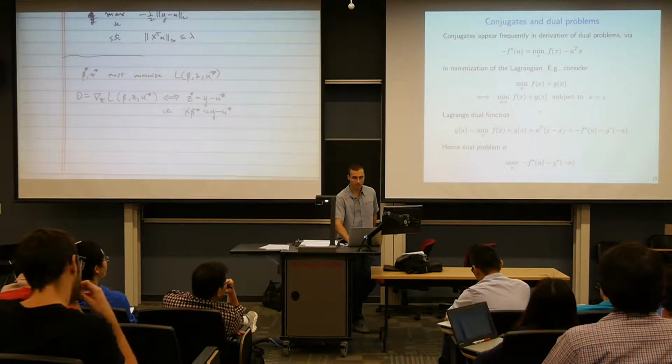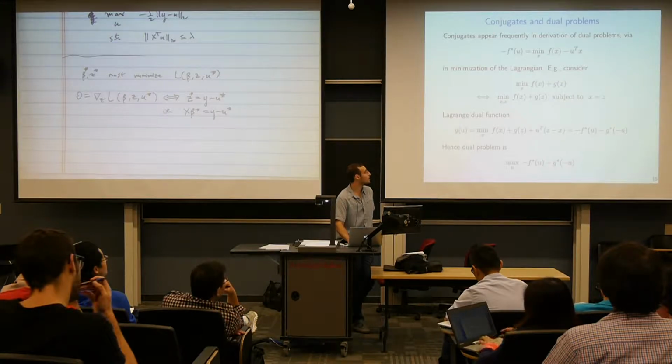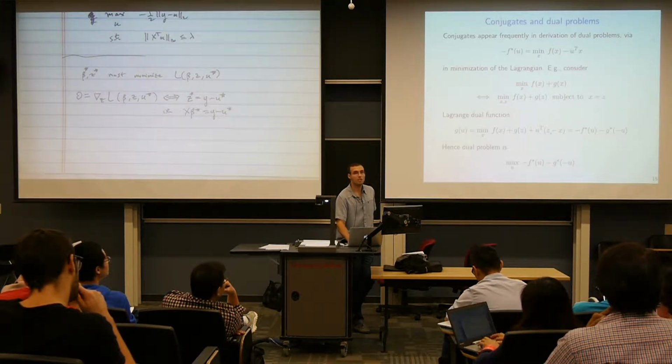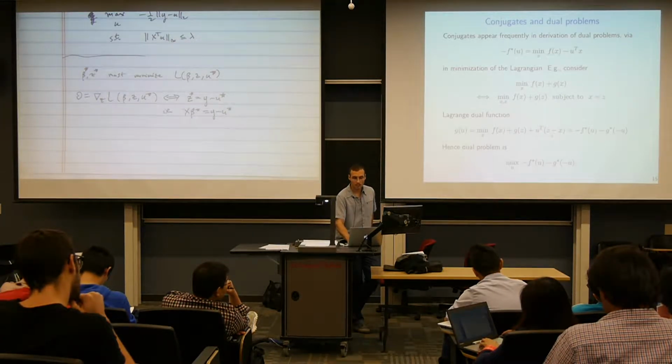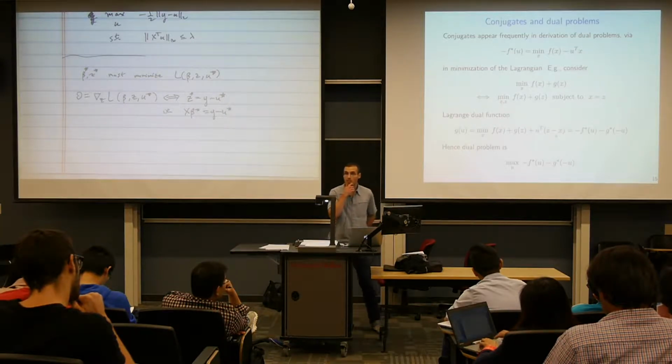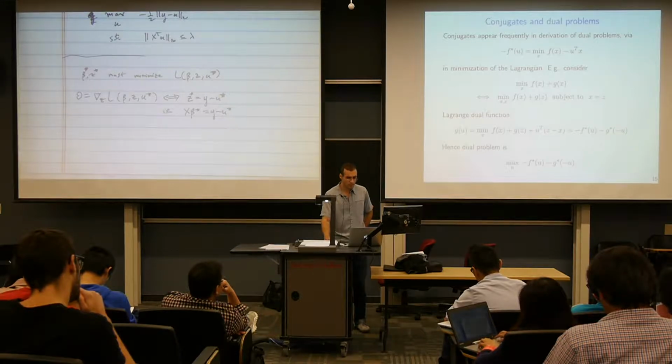Right? Trivial modification. But now I can derive the Lagrange dual function by forming the Lagrangian, which is f of x plus g of z plus u transpose (z minus x). It's the dual variable I get associated with this equality constraint. And split this up into minimization over x and minimization over z because they separate. And what do you get?